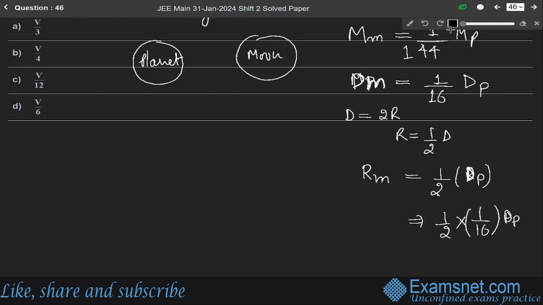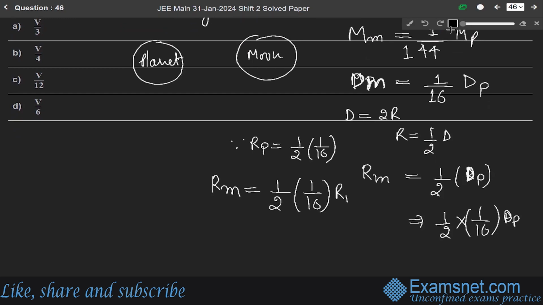Since the radius of the planet is half of the diameter, the radius of the moon will be equal to 1 by 2 into 1 by 16 of Rp.